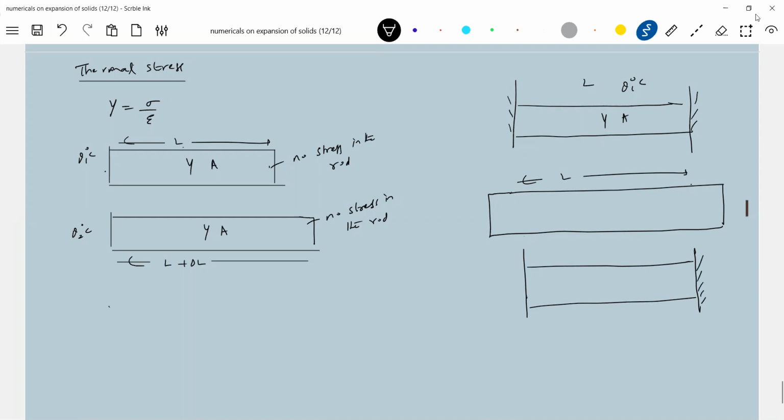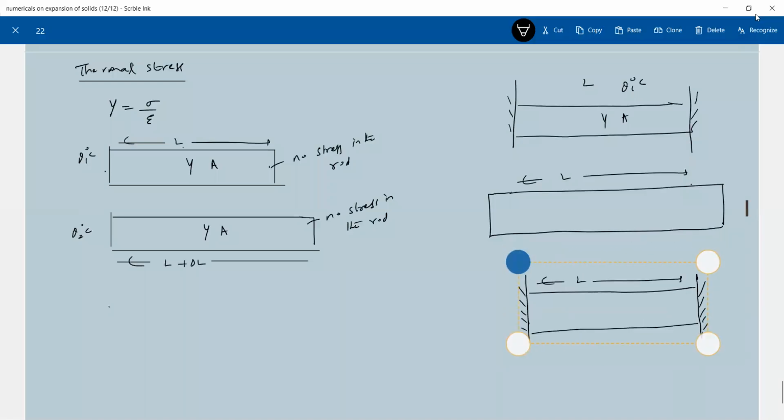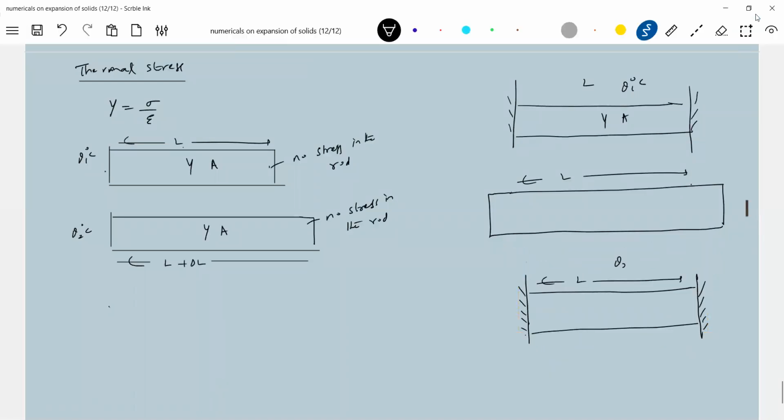I'm trying to explain the concept. You have to really catch this. So what is the length of the rod? It is L. What is the temperature? Theta 2 degrees Celsius. At theta 1 degrees Celsius, what was the length of the rod? L. At theta 2 degrees Celsius, what do you expect the length of the rod to be? Should be more than L, no?